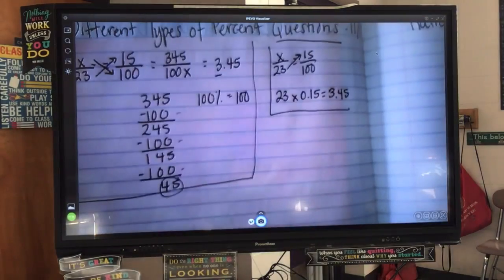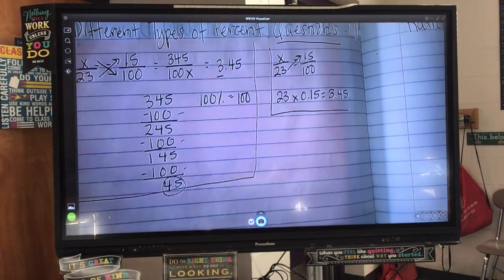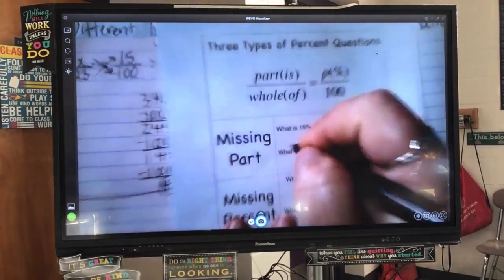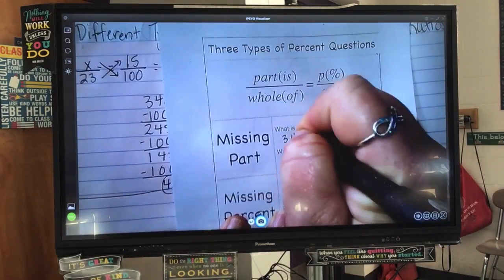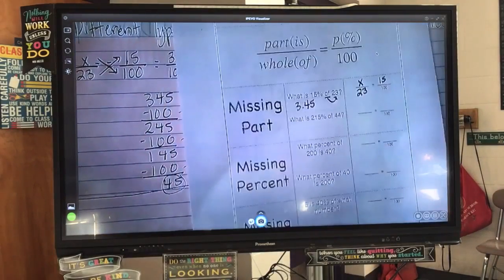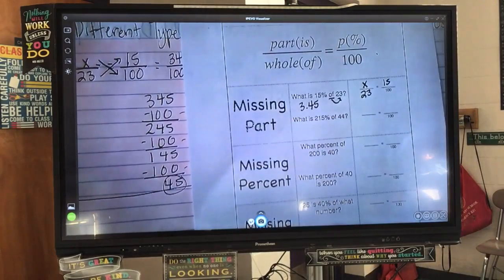Here's another way. I don't care which way you do. I really don't. I want you to do whatever makes the most sense to you. Alright, so our answer for this one is 3 and 45 hundredths is 15% of 23.